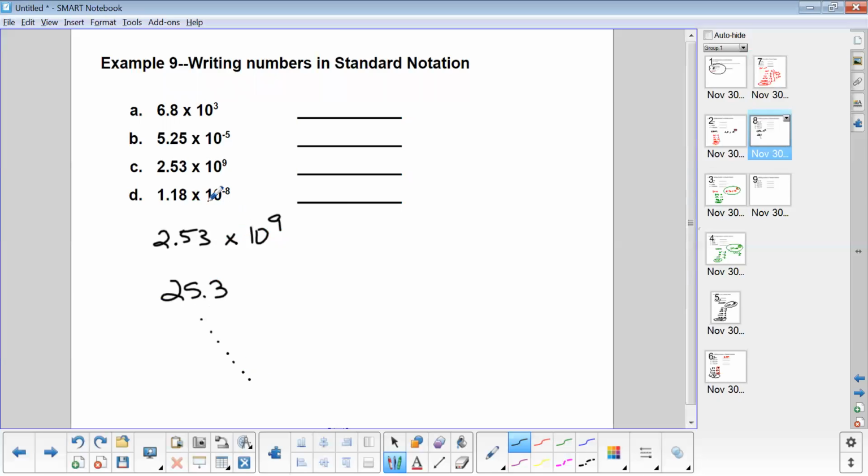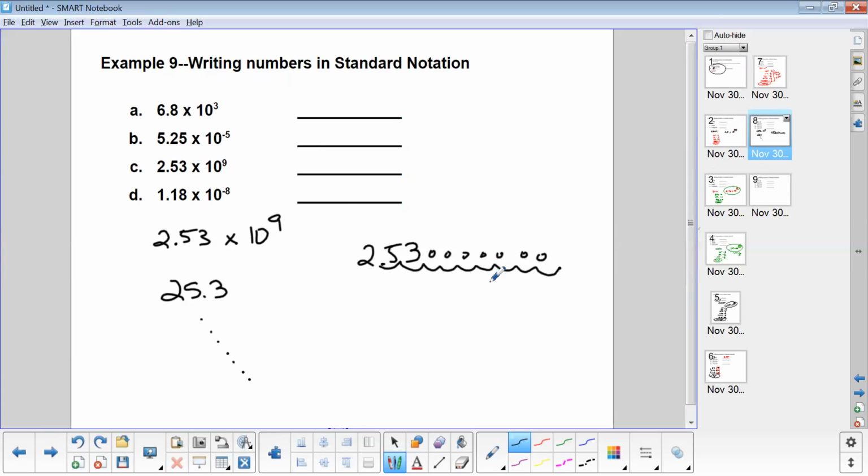Now, another way to think of that is, well, I'm at 2 and 53 hundredths, and if I multiply by 10, it makes it larger by one place value, two place values, 3, 4, 5, 6, 7, 8, 9 times. When I multiply by 10 9 times, it's creating place values.